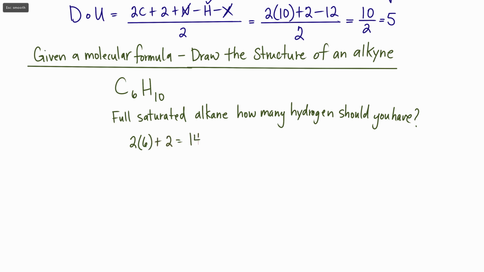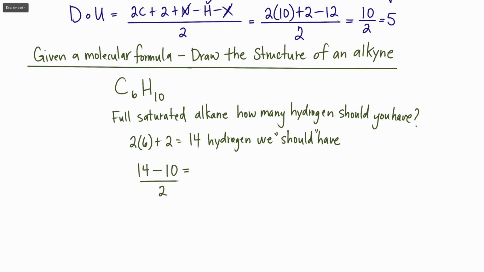So we should have 14 hydrogens. Okay, so now when we take that number 14 that we should have and subtract the number we have and divide that by 2, that gives us the degree of unsaturation.